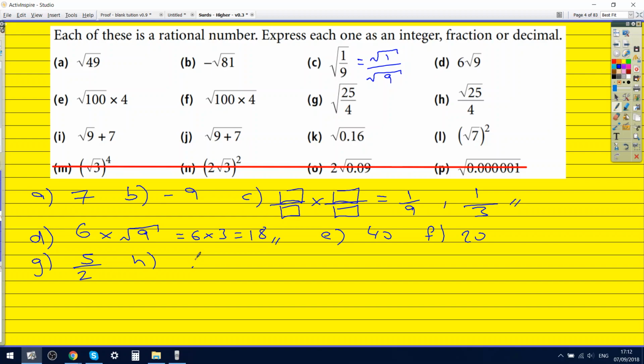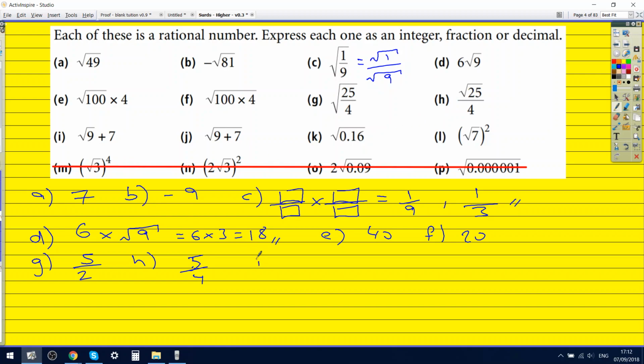H is 5 divided by 4. Yeah, and G and H are to show you that you can't divide a square root by a normal number. You get two different answers.